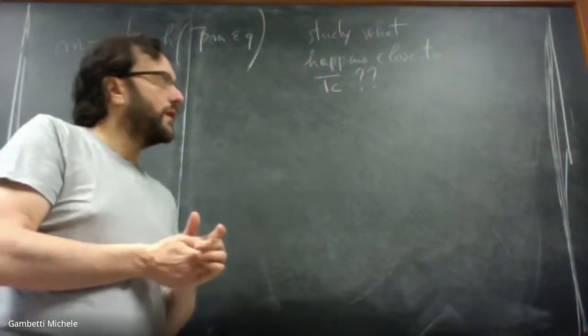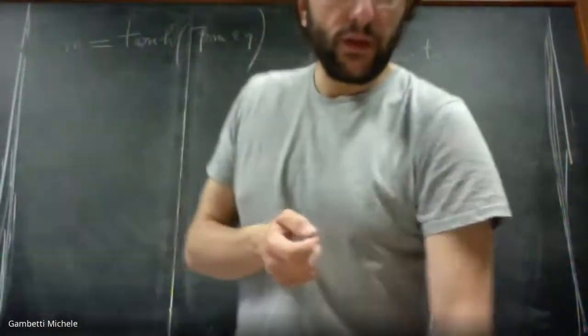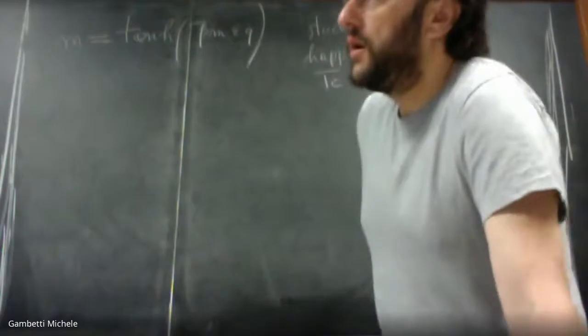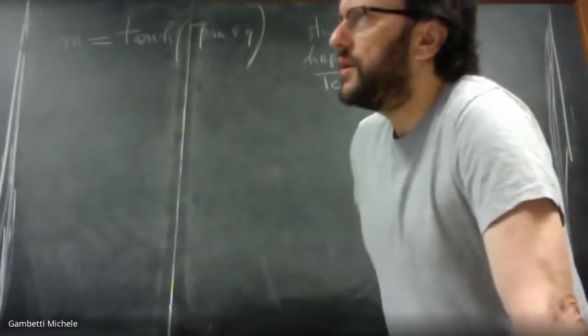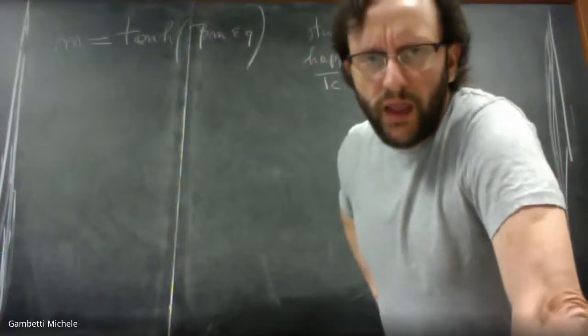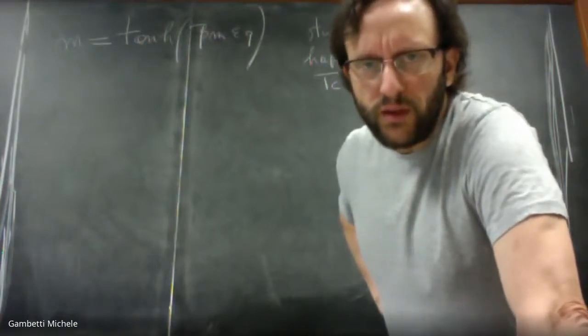Now, of course, for those of you who have already done a course of quantum field theory or even particle physics, you might have seen already examples of spontaneous symmetry breaking.